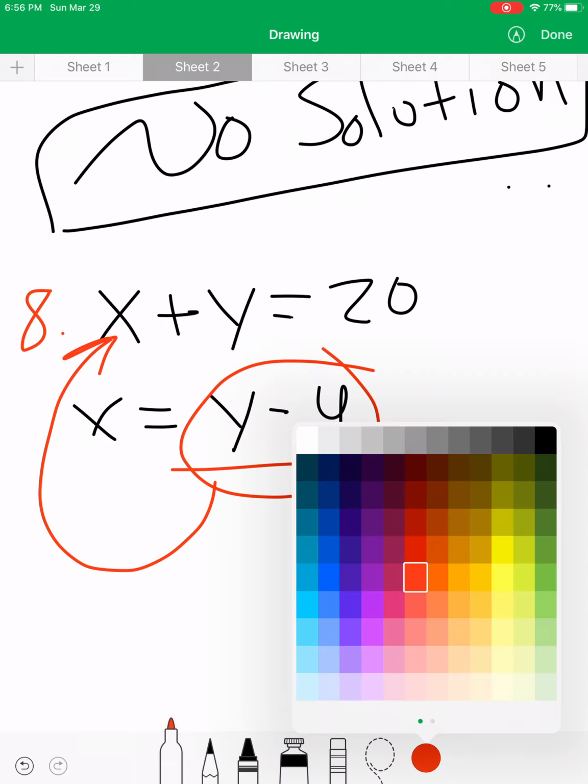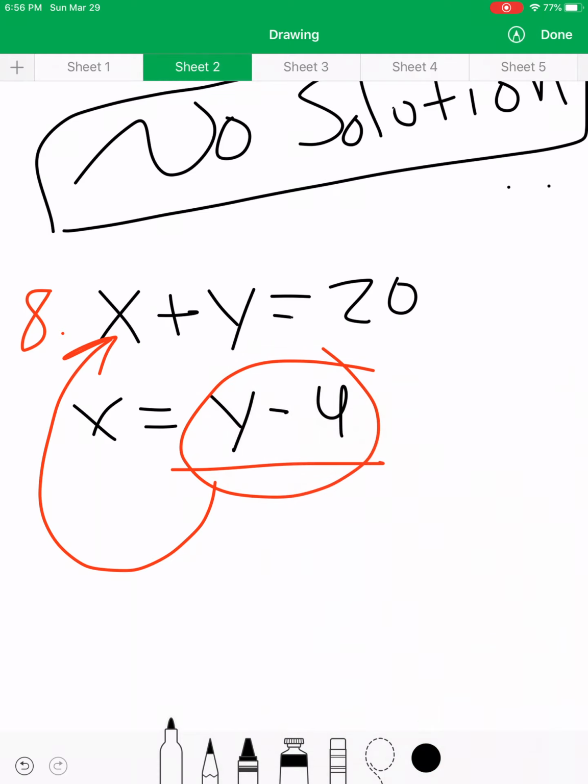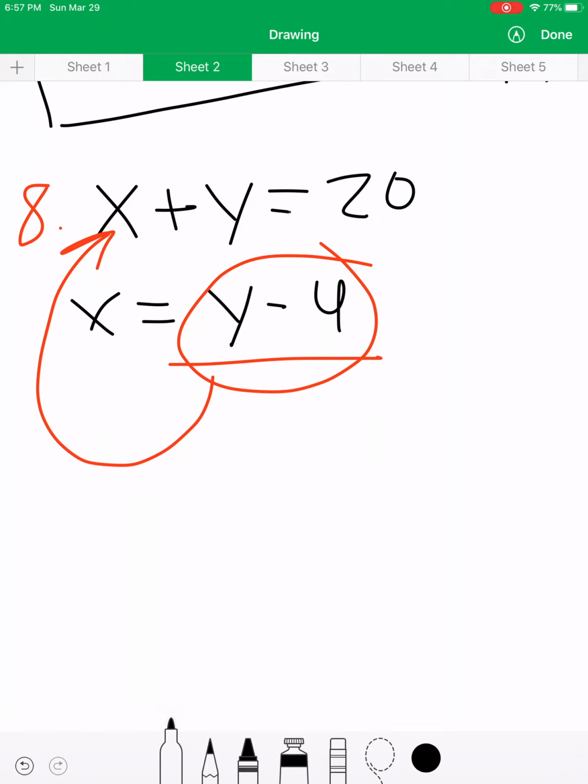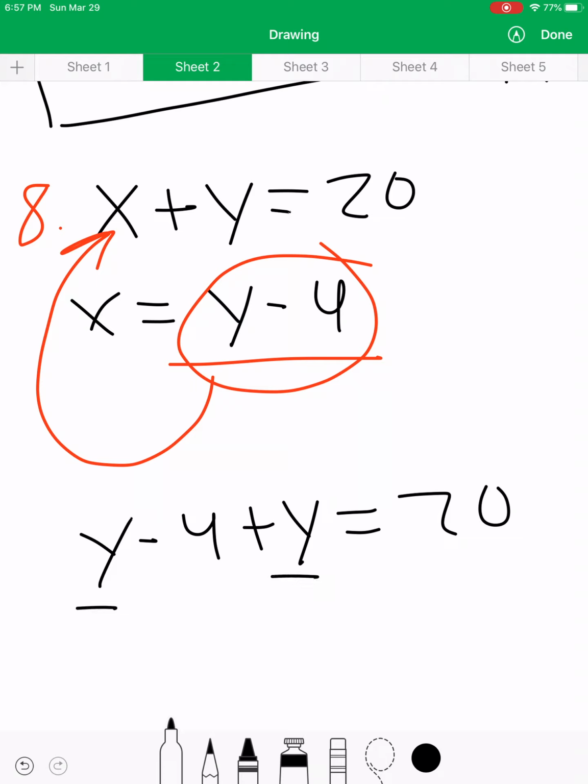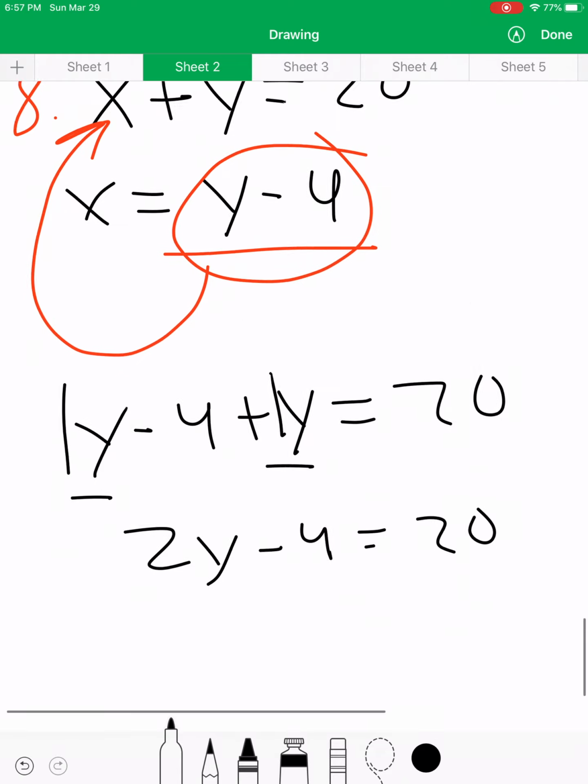So when I do that, what you'll end up with is substitute y minus 4 in for x. Y minus 4 plus y equals 20. So let's solve the left side of the equation. We have a y term and a y term. Now it's not written, but it's understood that each of these has a coefficient of 1. So 1y plus 1y, I'm left with 2y minus 4 equals 20.